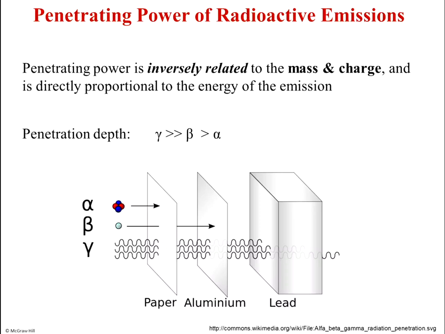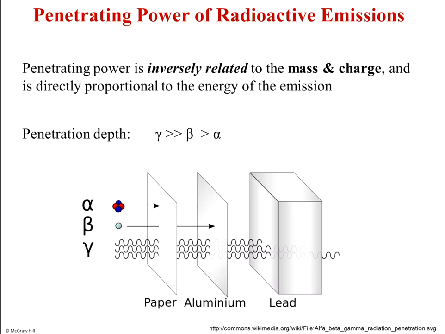Now, as these move on, beta particles will typically interact much more strongly with aluminum. If you remember back to Thomson's electron diffraction experiments, you know that electrons are affected by the aluminum crystal lattice, and beta particles are slowed down substantially, and depending on the thickness of the aluminum, they can be stopped completely.